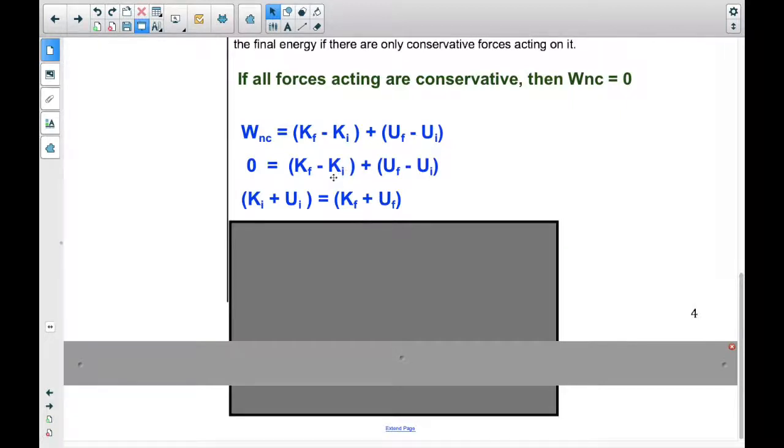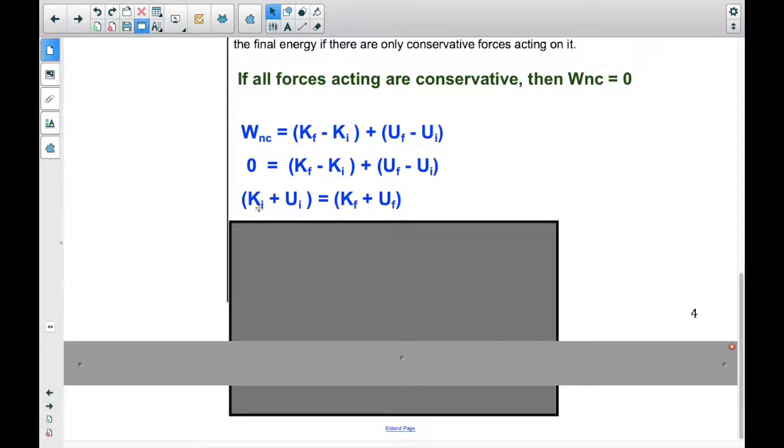So the initial I'm going to add to the left, and this initial I'm going to add to the left. So I have Ki plus Ui because those are my initials. They used to be negative, but I moved them over, and when I moved them over, they became positive. What I'm left with on the right-hand side is my positive K sub F plus my positive U sub F. And those are just what was there originally, and so that is remaining there.